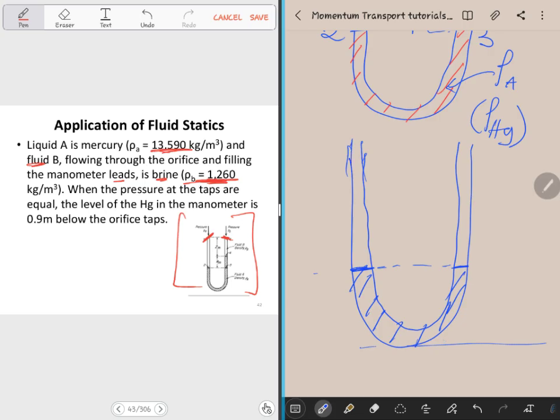They'll be at the same height because nothing else is acting on the system. You're having a static system, meaning a system in equilibrium, right? At this position we've not connected it to anything to measure the pressure difference. So here and here are the same height.